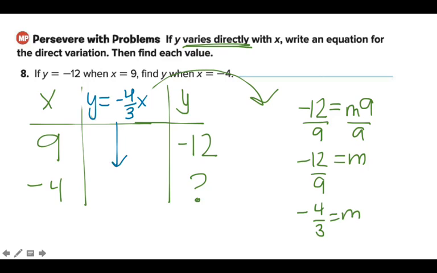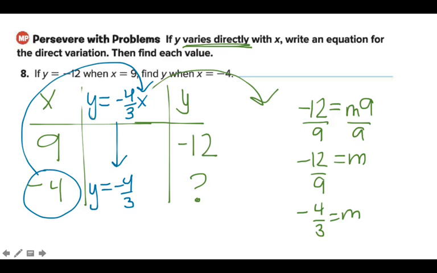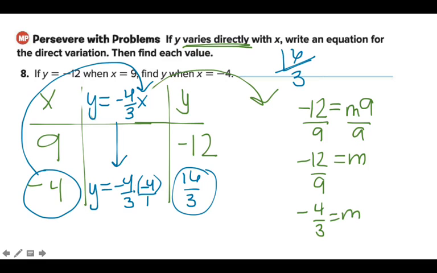That means that now for my mystery number, I can say y equals negative 4 thirds, substitute this x in for the x, times negative 4, create a fraction, and I end up with 16 over 3. That's it. Use this y equals mx to figure out your pattern of that function table.